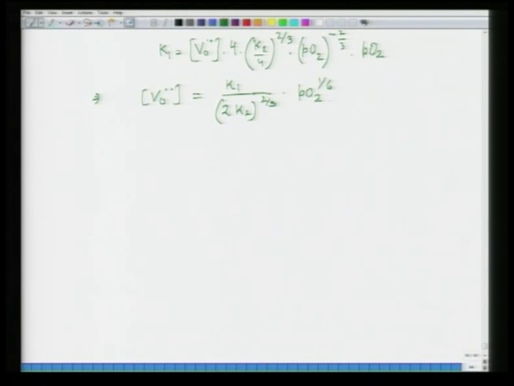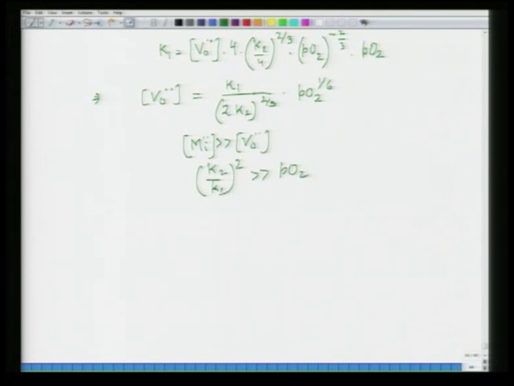So, again now you can calculate the boundary. Since Mi is larger than VO, just put in the values of Vi, Mi and VO, and what you will find is K2 by K1 square is greater than PO2, which is nothing but what you worked out from the previous expression.